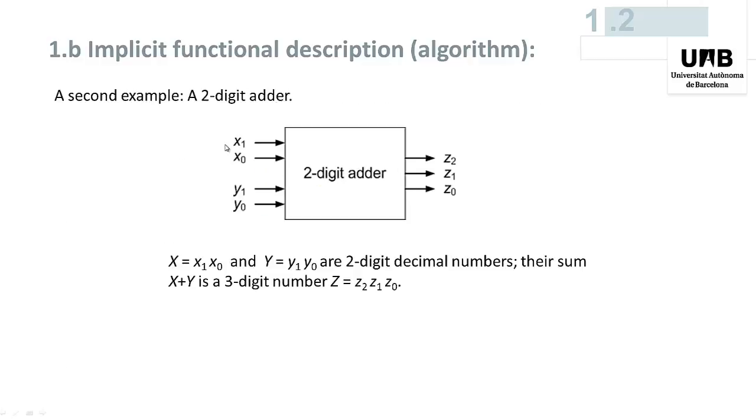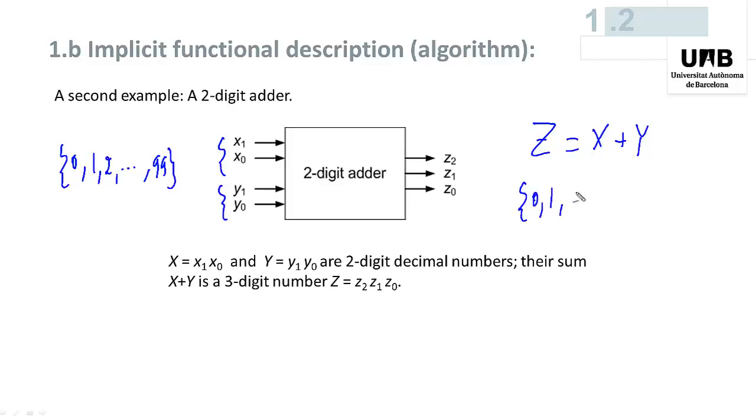A system that adds two two-digit numbers. X and Y are two-digit numbers so that they belong to the set 0, 1, 2, and so on up to 99, and the system computes the sum z equal to x plus y, so that the output z belongs to the set 0, 1, 2, and so on up to 198, and the result is a three-digit number.